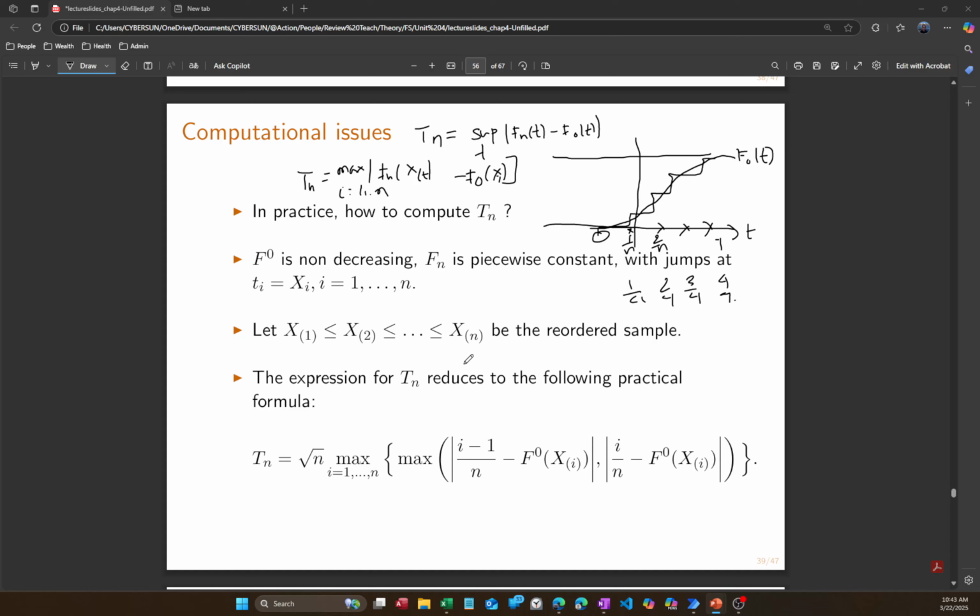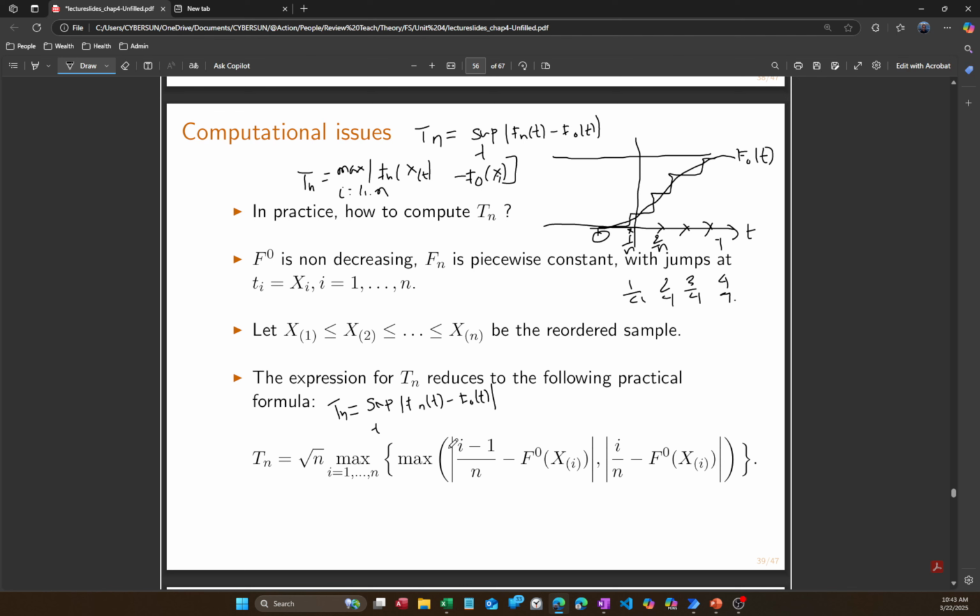Tn should be written as Tn equal to sup of |Fn(t) - F0(t)|. So this is a supremum over t, and at the jump points, this can be expressed as Tn.